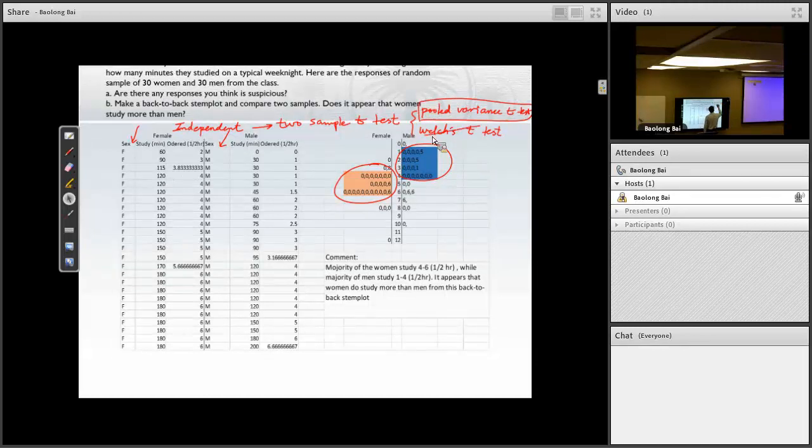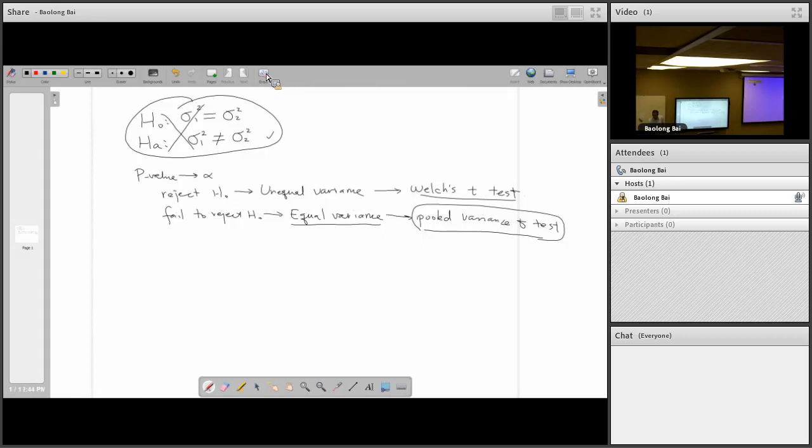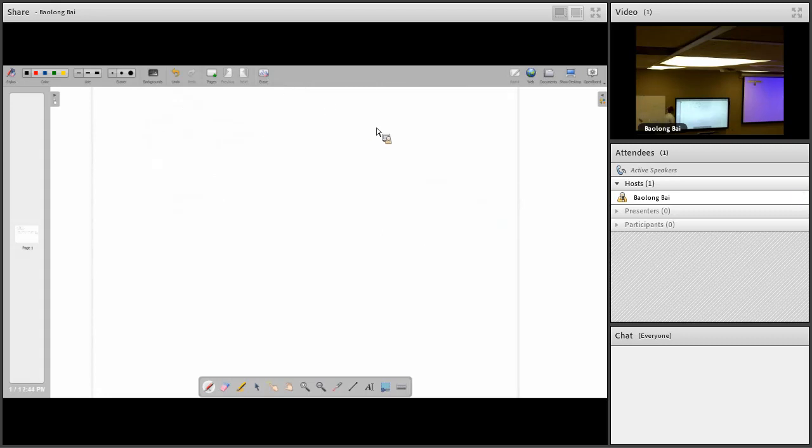We're not going to touch Welch's t at all. So we're going to need to do a pooled variance t when you look at a problem because we have two independent samples.